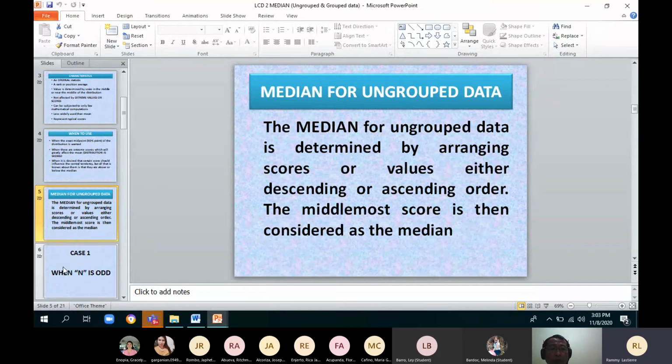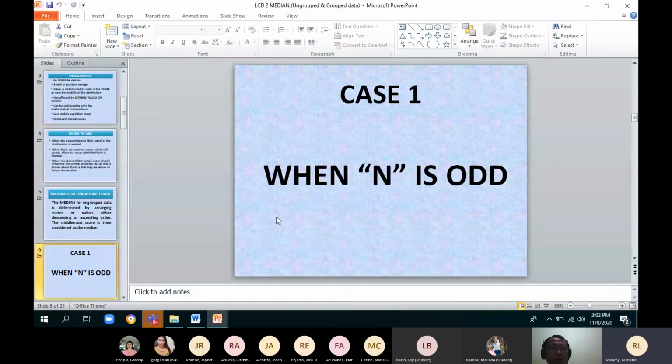But there are some cases to solve the median using ungrouped data. Case number one is when n is an odd number.